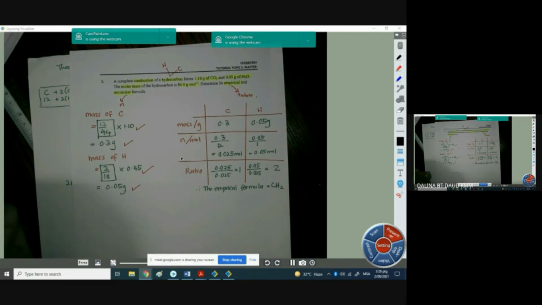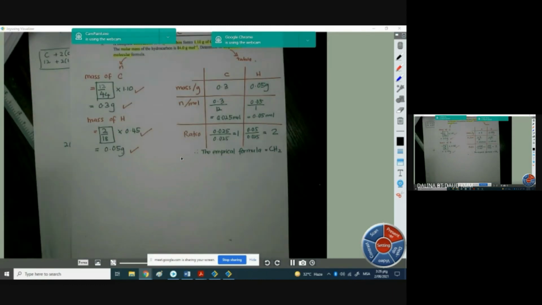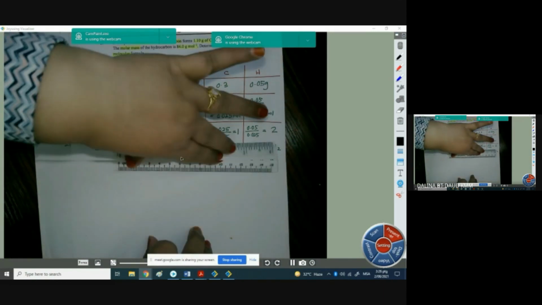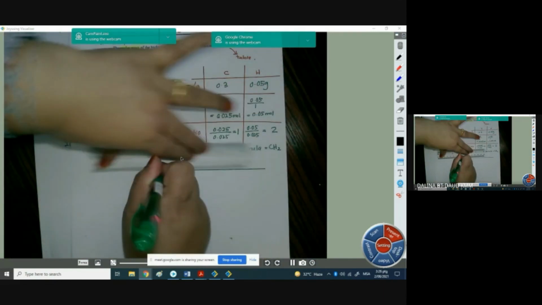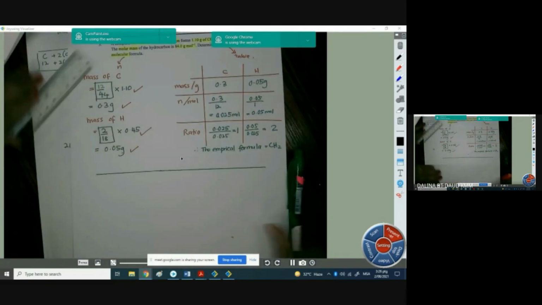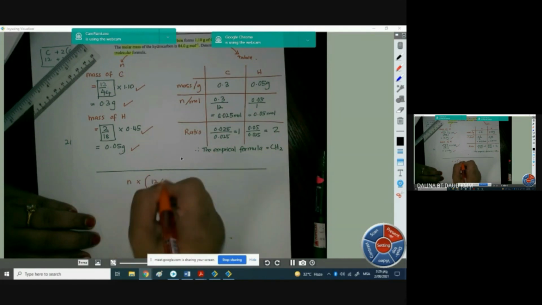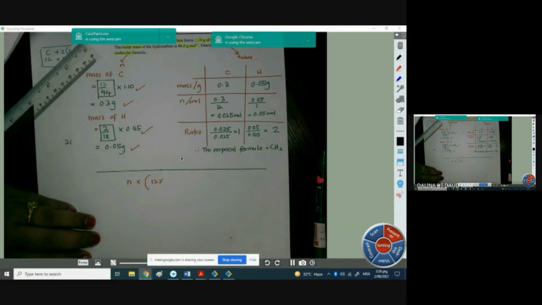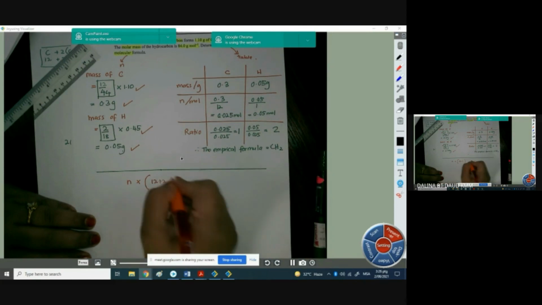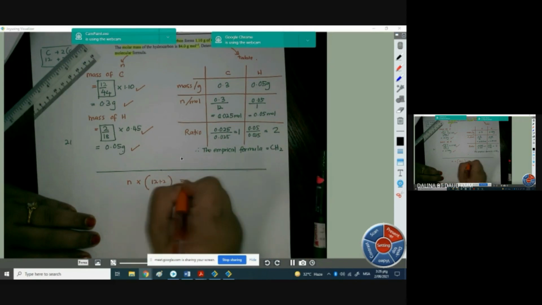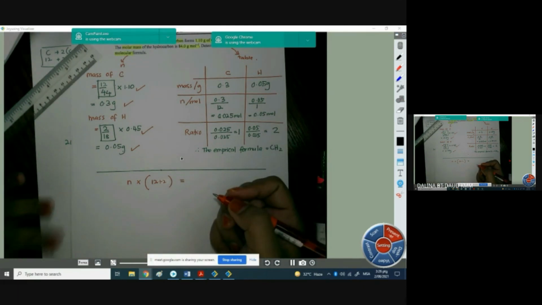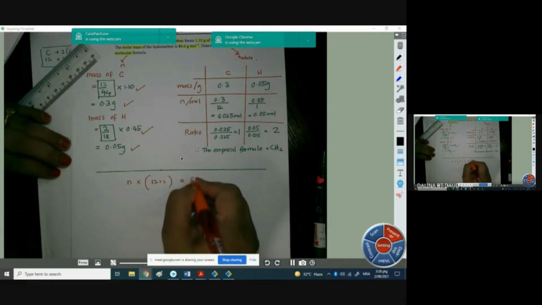Okay. Next, we go to molecular formula. So ingat, kalau molecular formula kita cari N. So N times with 12 darab 12 tambah dengan 2, sama dengan our molar mass for the hydrocarbon is 84. Mana saya dapat for 84 ni?